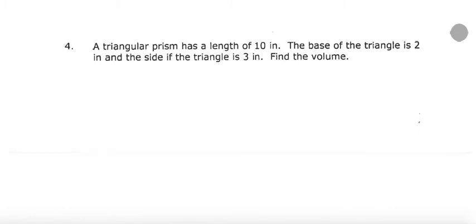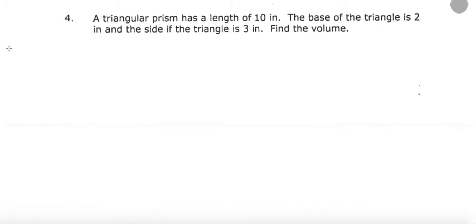One last example involving a triangular prism. So again, I'm going to sketch a diagram. And it doesn't have to be perfect, just as long as you have a general idea. So a triangular prism has a length of 10.